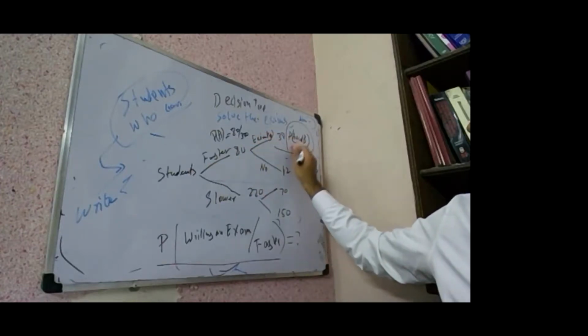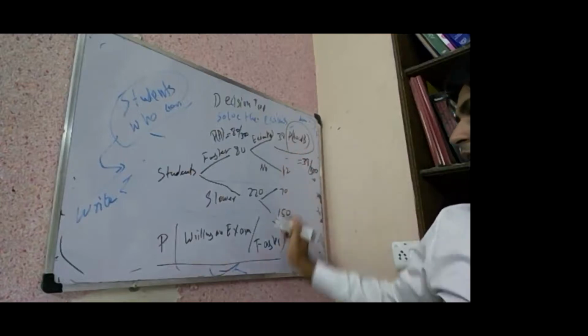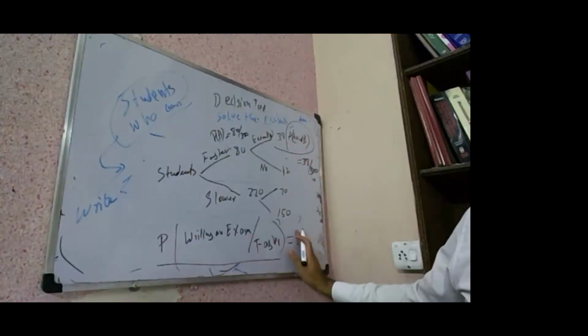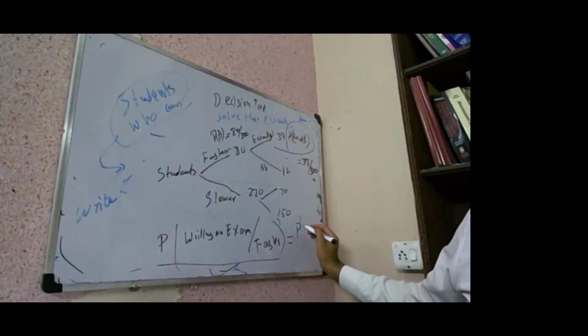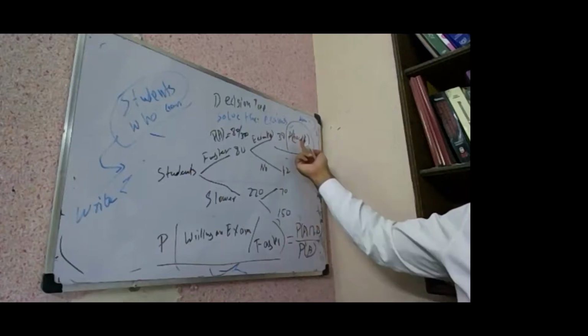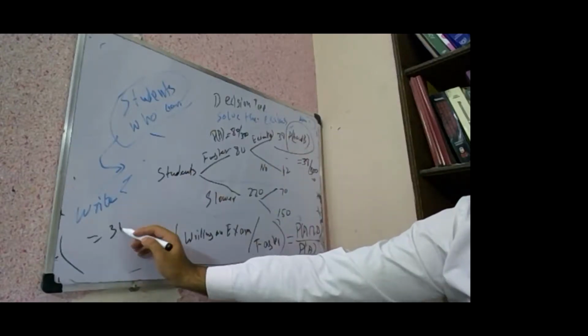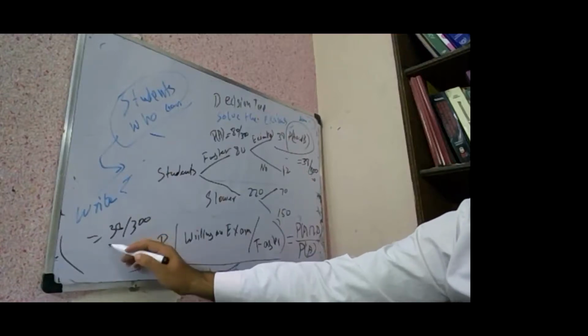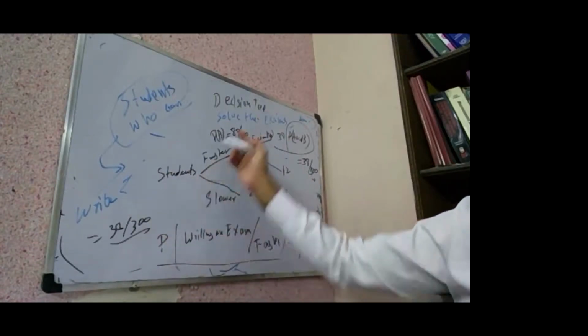So we have to know the probability of A and B. In conditional, we can say probability of B given that A is always the intersection divided by the probability of A. This is the probability of A and B, which is 38 by 300, and the probability of A is 80 by 300.